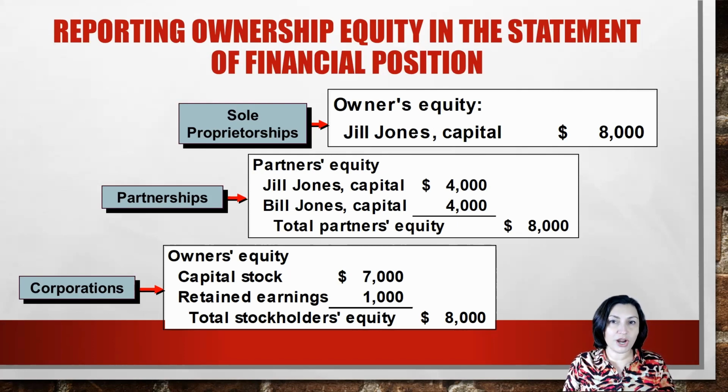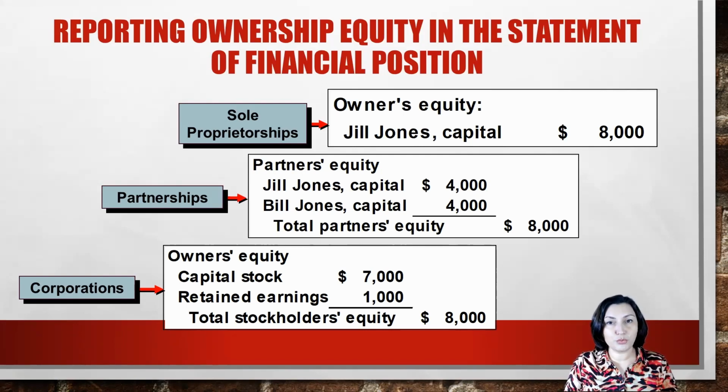For a sole proprietorship, there will be a capital account for the owner and a drawing account to record payments to the owner. For a partnership, each partner has a separate account where changes are tracked over time. There's also a separate drawing account for payments made to each partner.